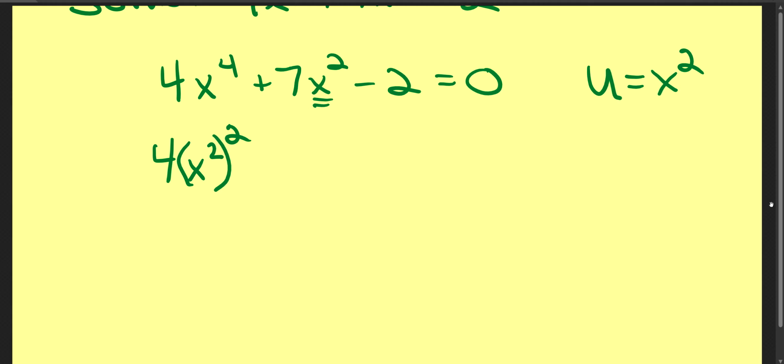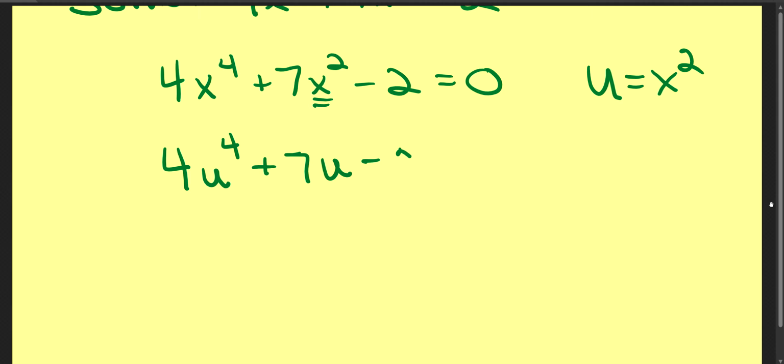If u equals x squared, I'm going to erase this and rewrite the problem as 4u to the 4th plus 7u minus 2 equals 0. Remember, u equals x to the second. So if I replace this u with x to the second, it would match what's up on top here. Simply put. So now this is what I've got to use to factor.